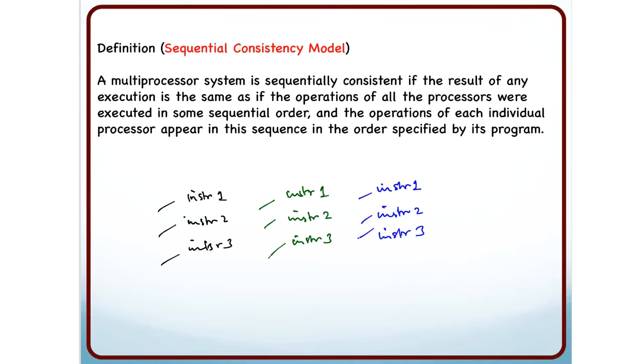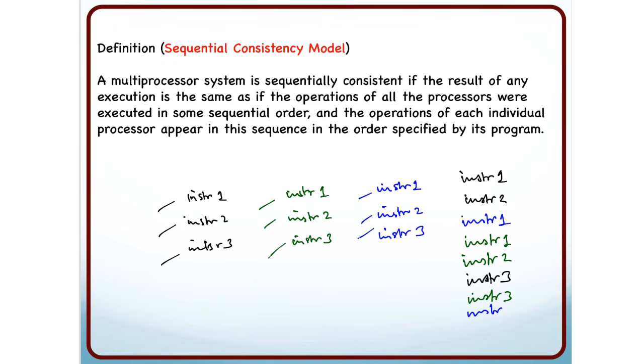Another ordering is that first all the green ones, then blue ones, then black ones. Another possible ordering is that first instruction 1 and instruction 2 get executed, then maybe instruction 1 of the third processor gets executed, and then instruction 1 of the second processor gets executed, instruction 2 of the second processor gets executed, and then instruction 3, and then instruction 2, instruction 3.